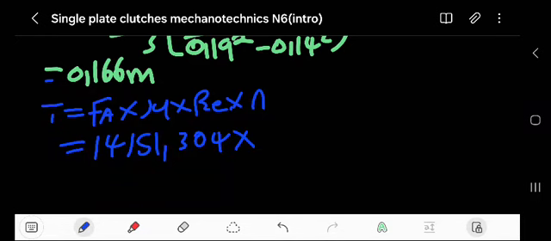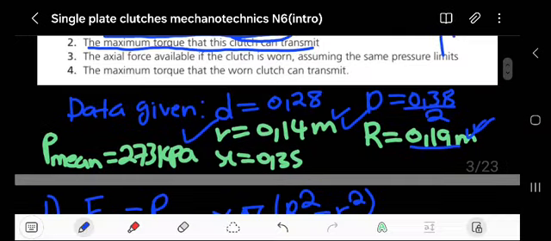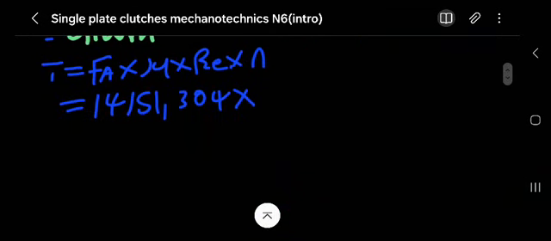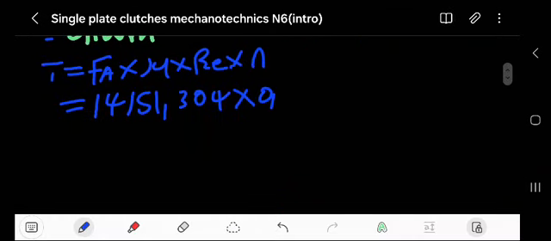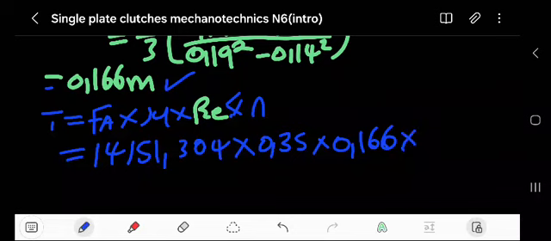Coefficient of friction here is 0.35. 0.35 times this, which we calculated here, 0.166, multiplied by number of contacts, which is 2.